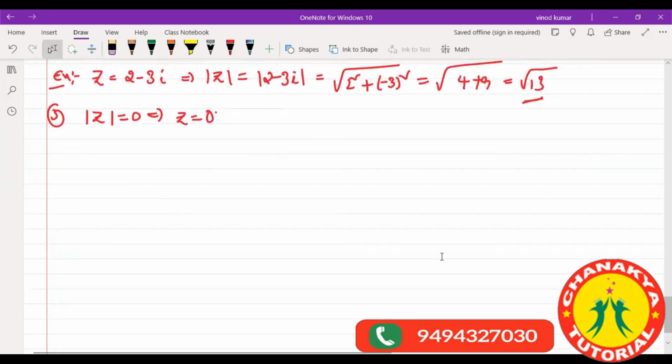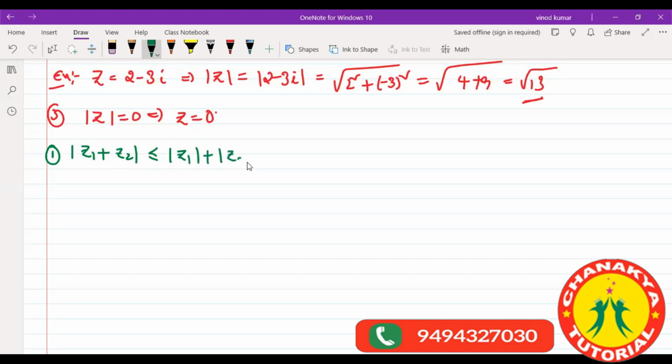Some properties we have for the modulus: modulus of z1 plus z2 is less than or equal to mod z1 plus mod z2.